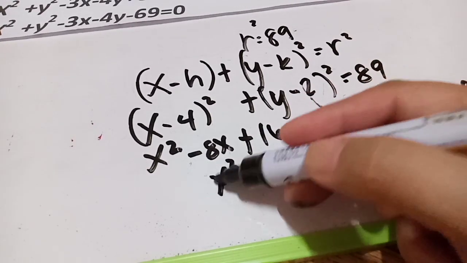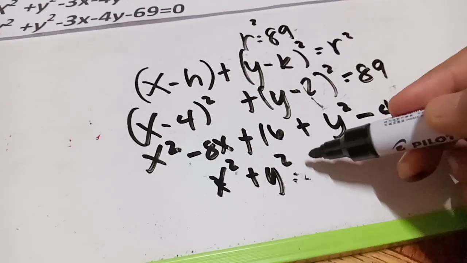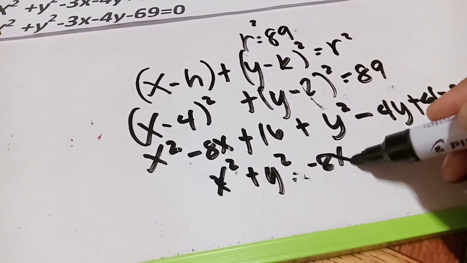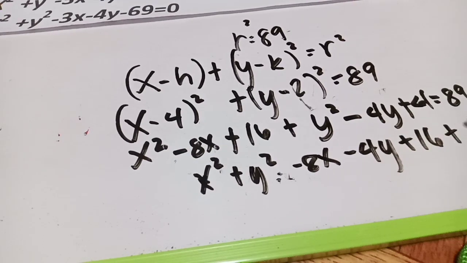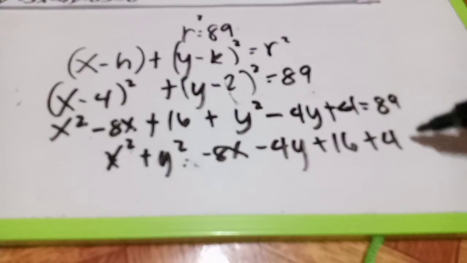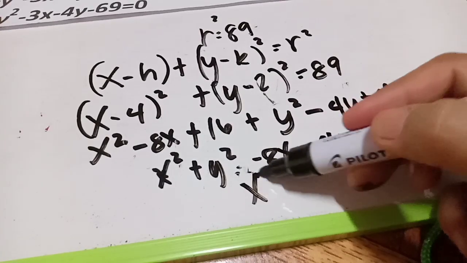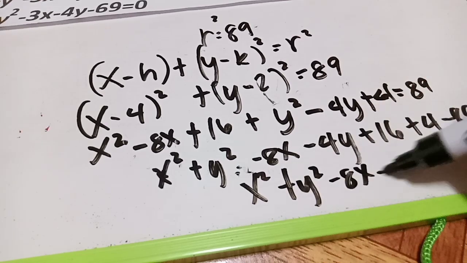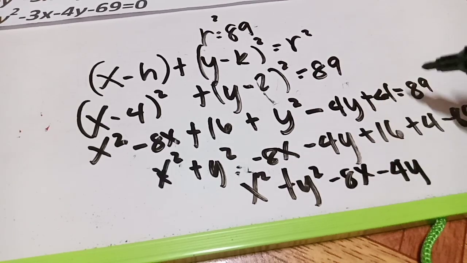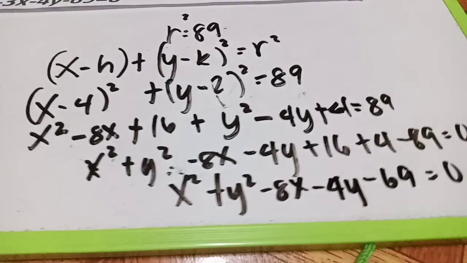x squared plus y squared minus 8x minus 4y, and then plus 16 plus 4, transpose 89, so this will become minus 89 equals 0. So x squared plus y squared minus 8x minus 4y, and the constant is negative 69, equals 0.